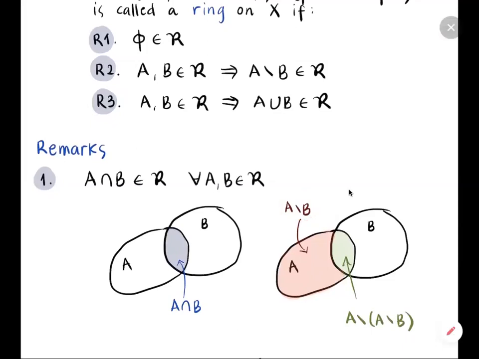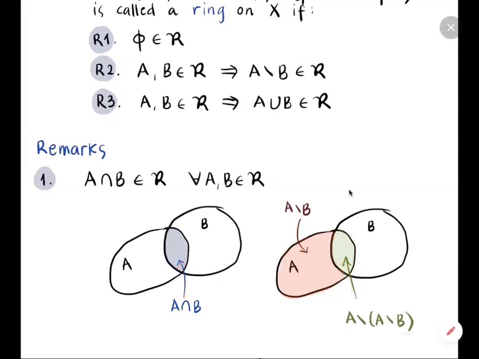Okay. Now, if you take A and then subtract this region here, you will get this green shaded region. This means that A minus (A minus B) is the same as the intersection of A and B.